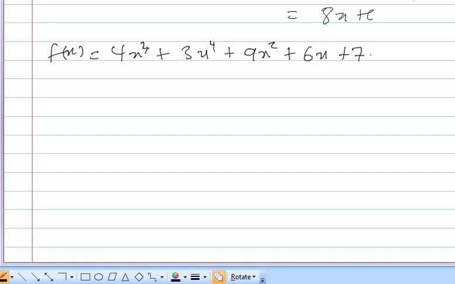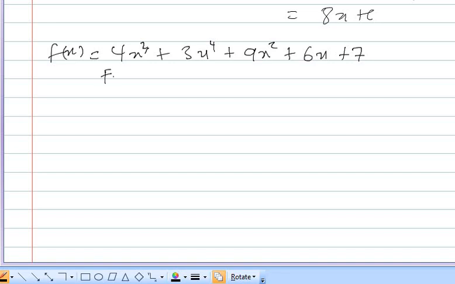So let's take a numerical example so that we can understand the concept. Let's say we take some rule. If you have f of x equal to 4x cubed plus 3x to the power 4 plus 9x squared plus 6x plus 7, we are trying to find the integral.